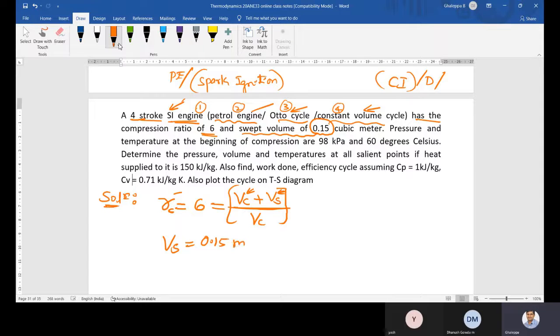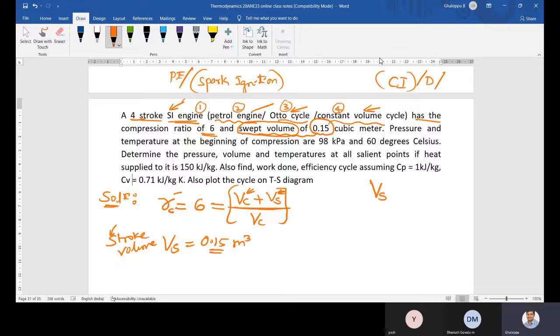It is also called stroke volume, or swept volume. S stands for stroke, S stands for swept. Please remember this equation. Anyway, this data is given directly.